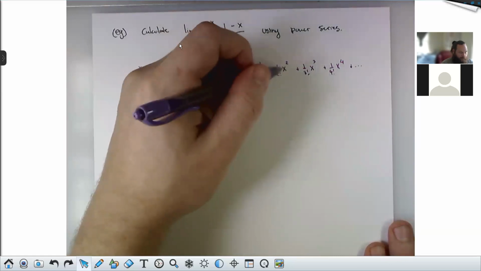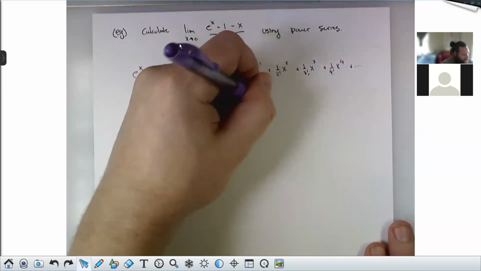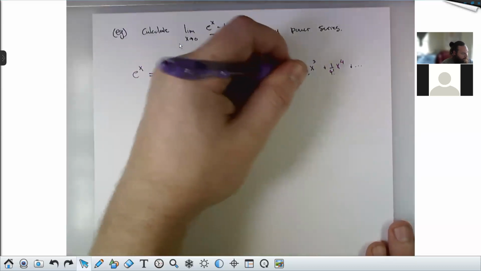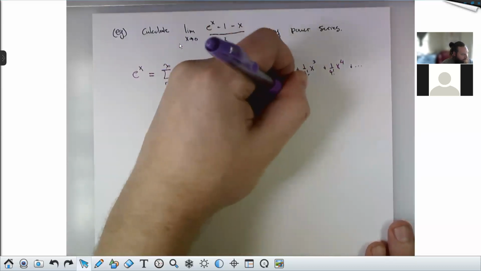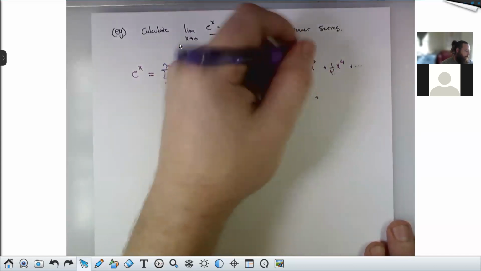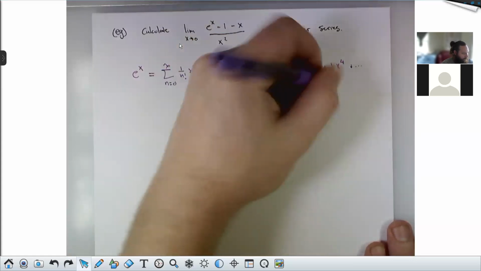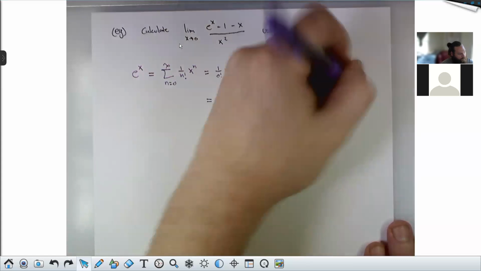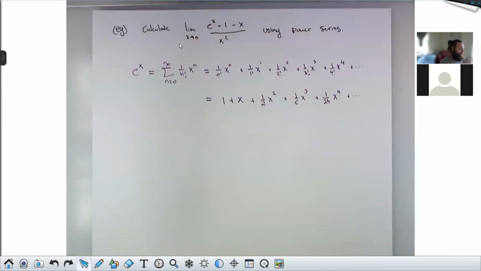So this is 1/2 x squared. 3 factorial is 3 times 2 times 1, which is 6. So this is 1/6 x cubed. 4 factorial is 4 times 3 times 2 times 1, which is 24. So this is 1 over 24. So this is what I'm going to plug in for e to the x here.